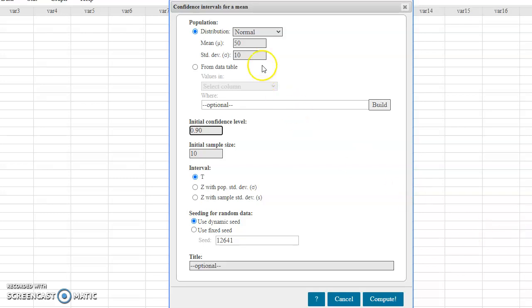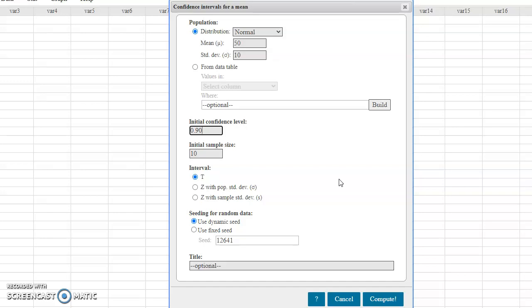We have a population that has a normal distribution with a mean of 50 and a standard deviation of 10. We're going to be simulating samples of size 10. It simulates taking a random sample of size 10 from the population, and then it calculates the mean and the standard deviation.